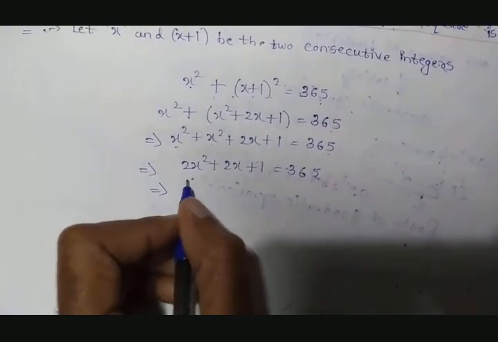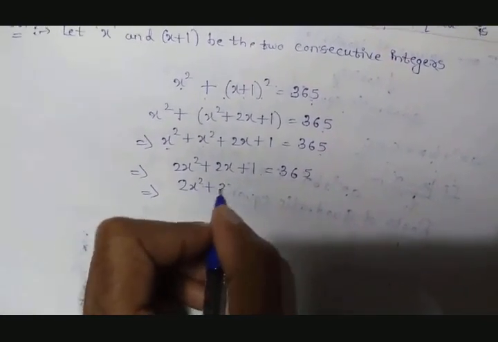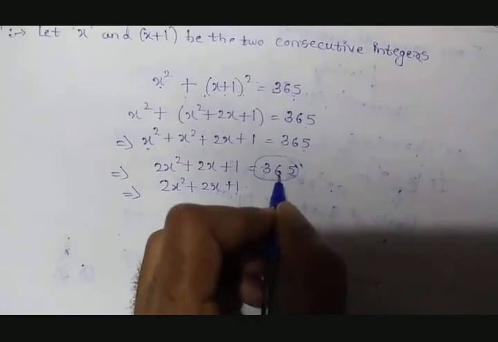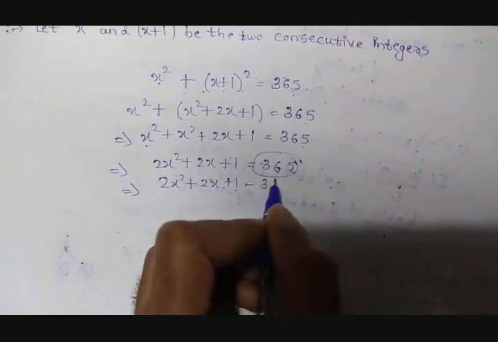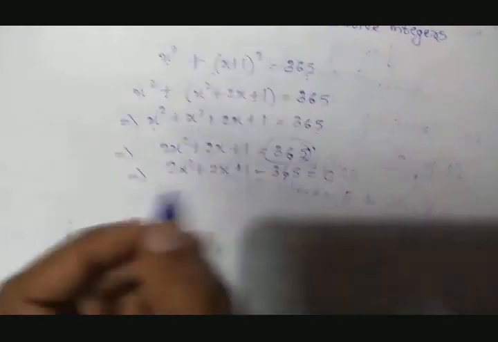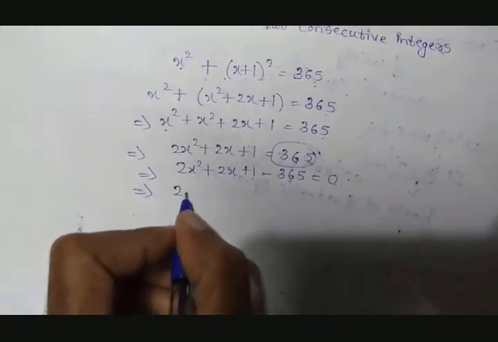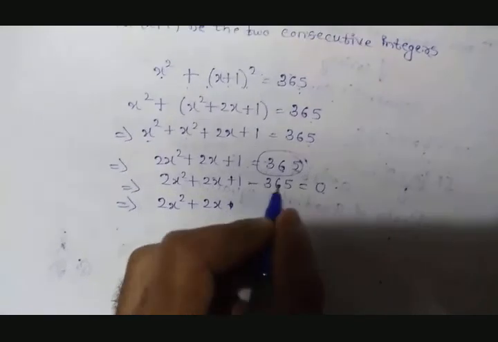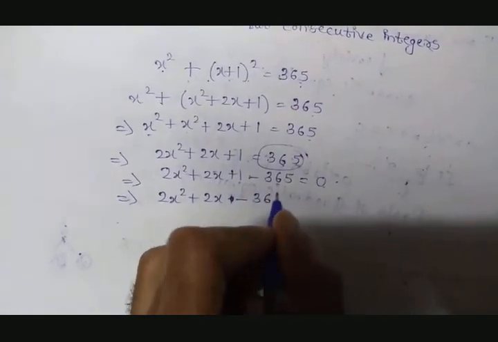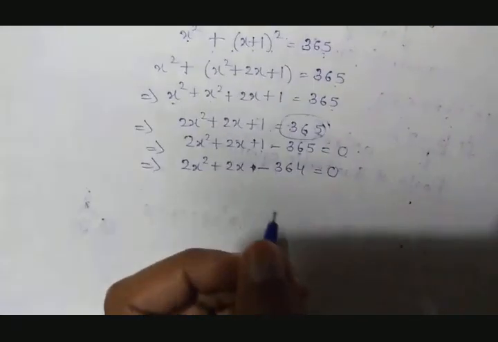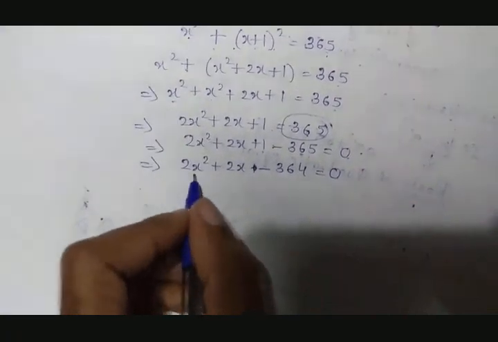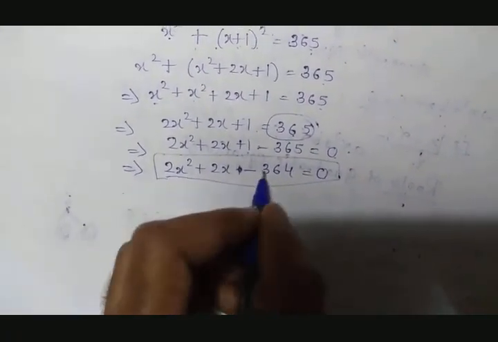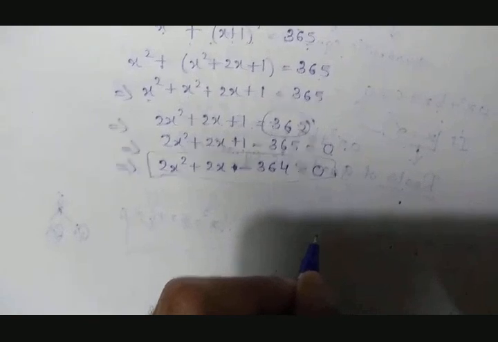Now 2x square plus 2x as it is, plus 1 as it is, we will shift this 365 to the LHS. That becomes minus 365 equals 0. So this becomes 2x square plus 2x plus, 1 minus 365 is nothing but minus 364, equals 0. Clear? Now we have the quadratic equation 2x square plus 2x minus 364.